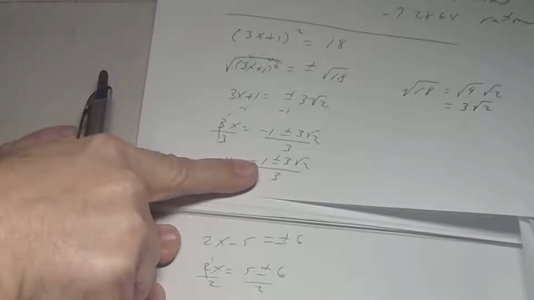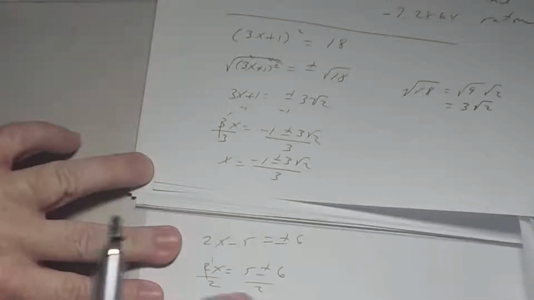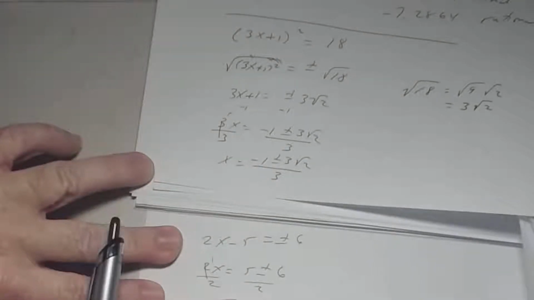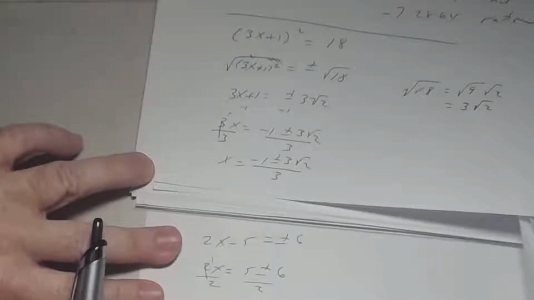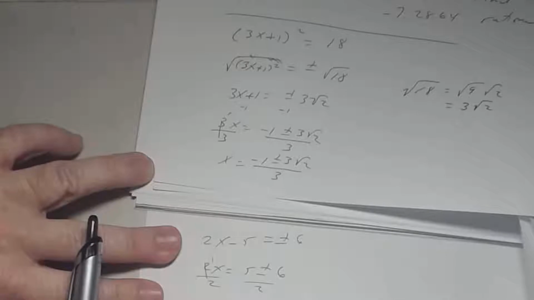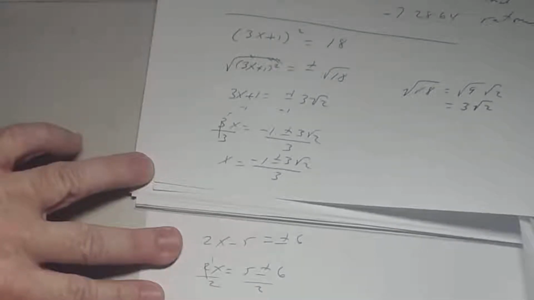But this is what kind of solution? Rational. Those are all rational numbers. So if it's rational, I want you to rewrite it to make it look like two rational solutions. So you're going to say 5 plus 6 over 2, and then 5 minus 6 over 2.